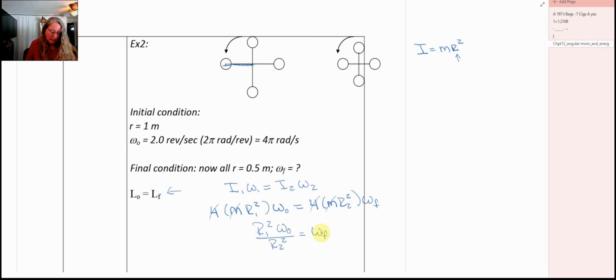So let's see. I don't need to put in my calculator R1 squared, that's just 1. And we know omega naught is 4 pi. So I have 4 times pi, divided by 0.5 squared.